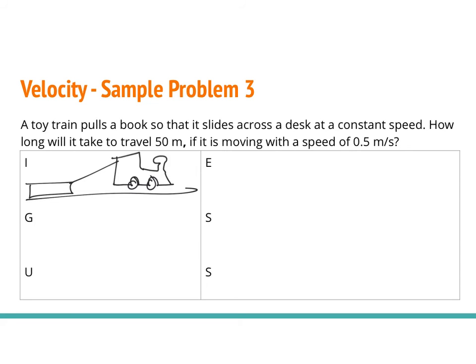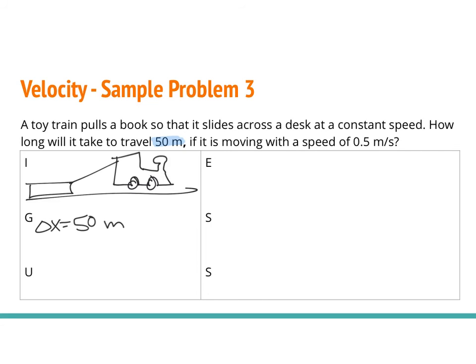Now we're going to go to the givens. And for givens, we're going to read the question and find the numbers. It says a toy train pulls a book so that it slides across the desk at a constant speed. How long will it take to travel 50 meters? So down here in givens, I'm going to put distance or displacement, delta x equals 50 meters.